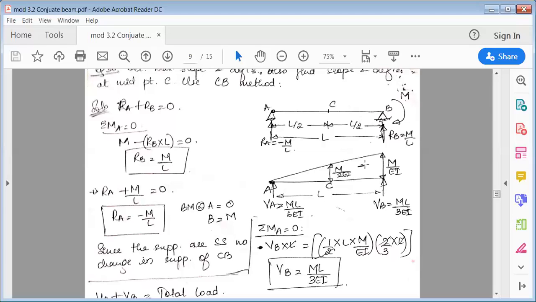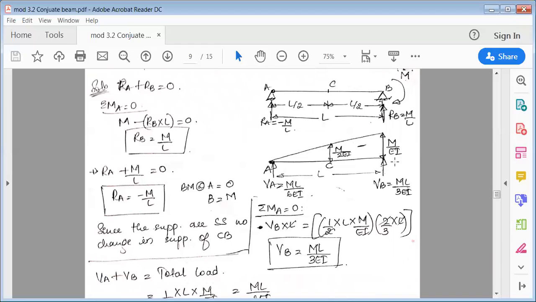In case this was acting at A, clockwise, it would have tried to push AC downward. When it pushes downward, it becomes sagging or positive bending moment. Because this moment is trying to push BC upward, it becomes negative.